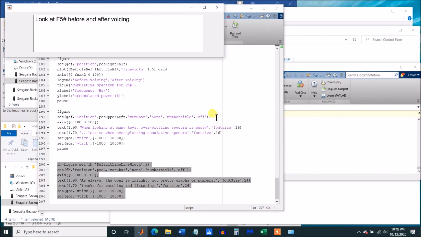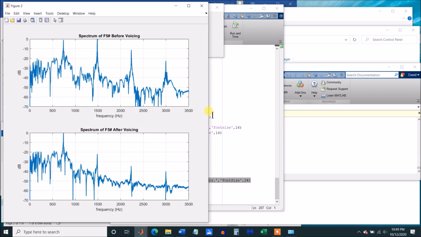Now let's look at an example of before and after voicing, and we'll pick F5 sharp. Okay, here's the spectrum of F5 sharp before voicing. Here's the same thing after voicing. And what do you see? Well, you see that before you had a lot of power, the second harmonic, or the second partial, was the strongest component, at least peak-wise.